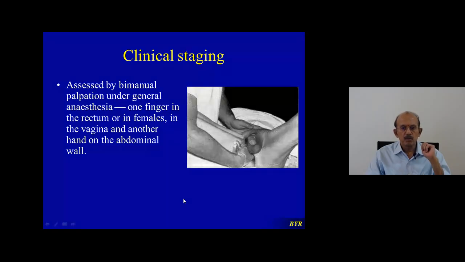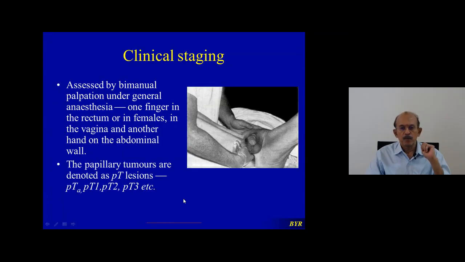So between the two hands, the bladder tumor is palpated and assessed for its thickness and mobility. By these two features, you will be able to assess the level of infiltration. If it is a papillary tumor, it is designated as small p T lesions. There's pTa, pT1, pT2, pT3, pT4, like that.